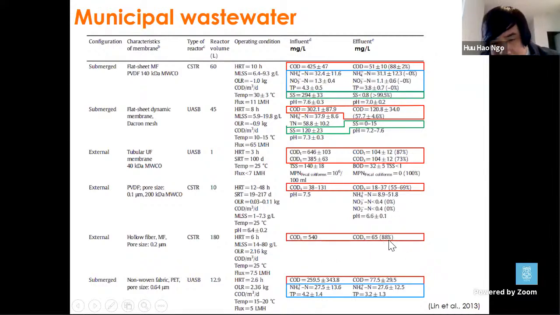And this one is 88%. So it's not really impressive. That's the reason why people are a little late to apply this technology.